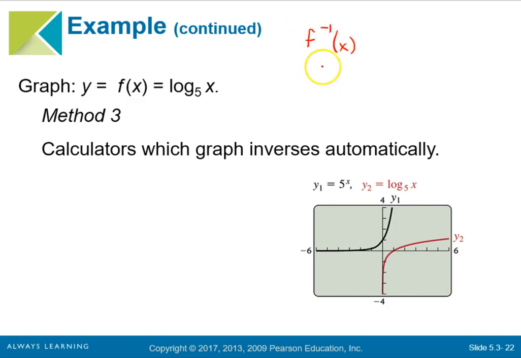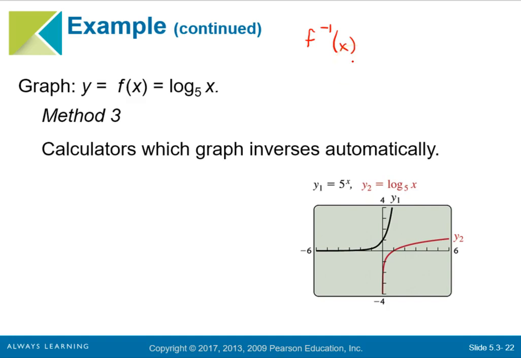I realize that's a mouthful, and conceptually it's like the inverse of, say, multiplying something by 2 and then dividing by 2, those are the inverses of each other. Or you square something and then you take a square root. Those two are undoing each other.